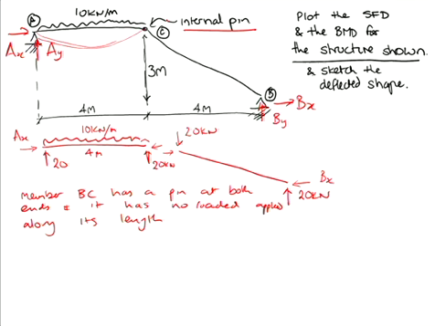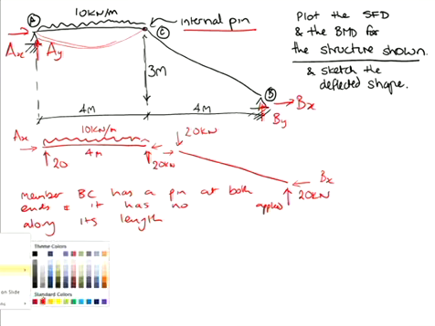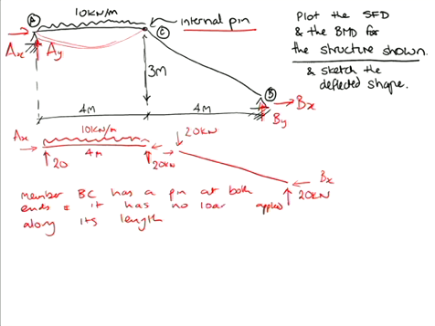So because it has a pin at both ends and it has no load applied along its length, what does it mean? It means, therefore, the internal action in this beam is axial only.